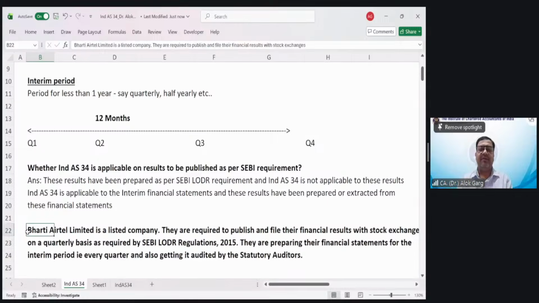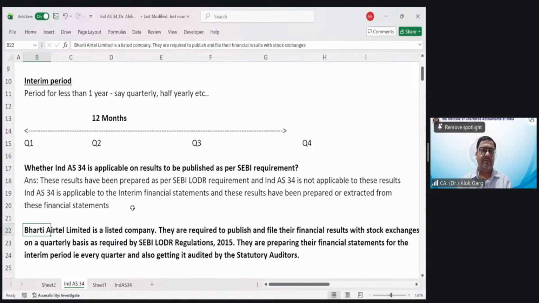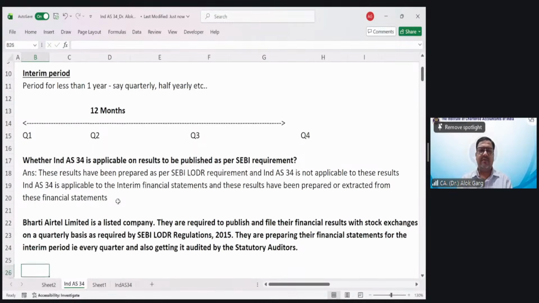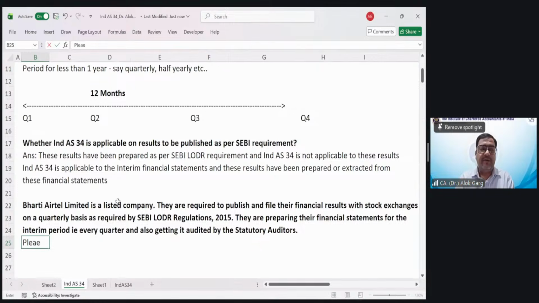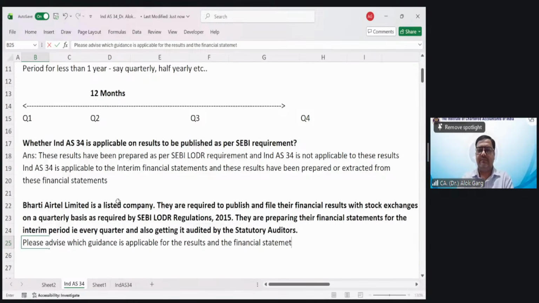Okay, right? Please advise which guidance is applicable for the results and the financial statements, and how the results are getting prepared.